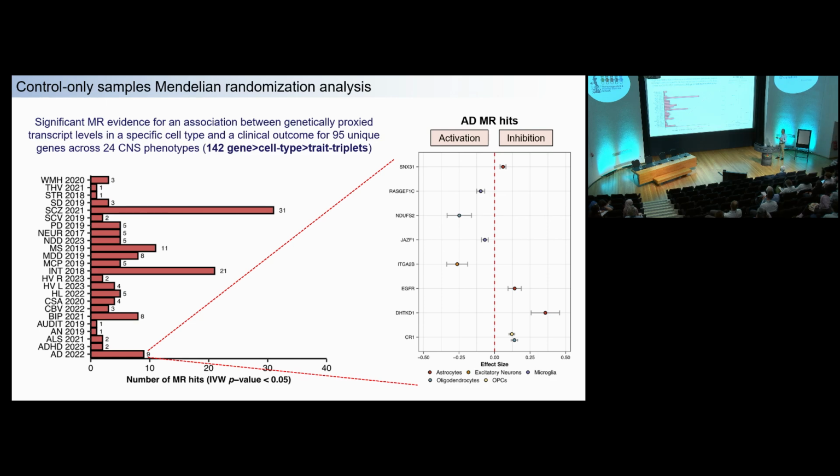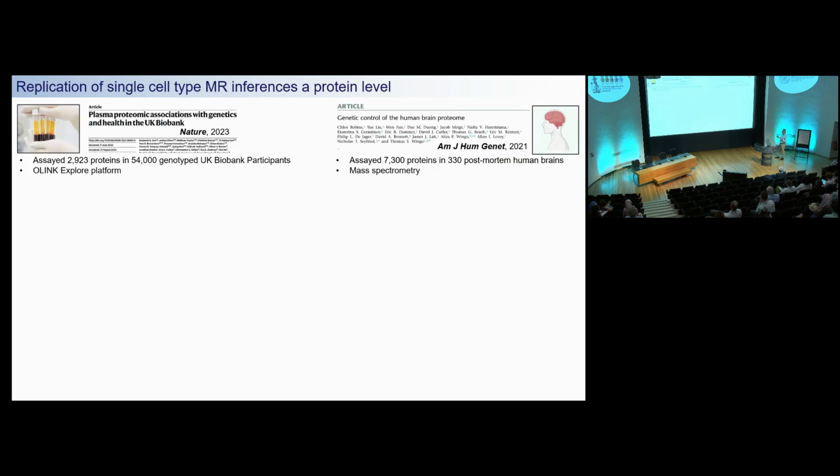In contrast, if the MR beta is negative, then that is the opposite, so an increase in the expression of the gene would confer a decreased risk of disease or vice versa. So when the MR beta is positive, we know that we need to inhibit that as a candidate target, but if it's negative, then we know we need to activate that as a candidate target.